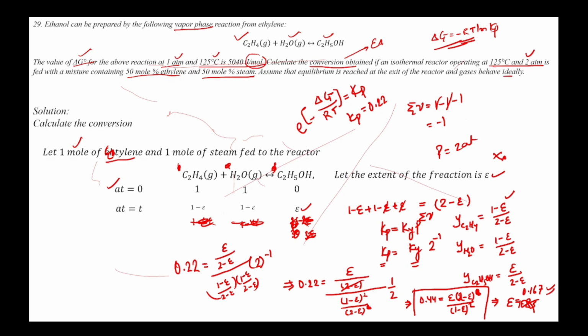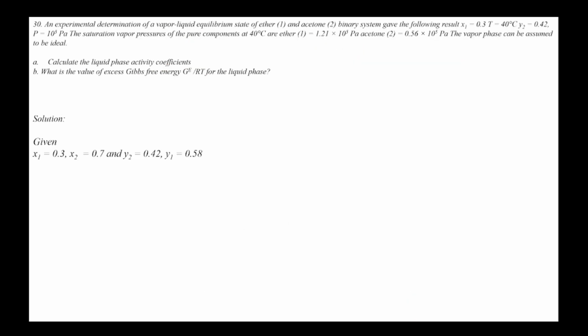So this is also a straightforward question. Now, an experimental determination of vapor liquid equilibrium state of ether 1 and acetone 2. The binary system gave the following results. X1, so X2 becomes 0.7, T is equal to 40 degrees Celsius, Y2 0.52, then Y1 becomes 0.58, if I'm not wrong.